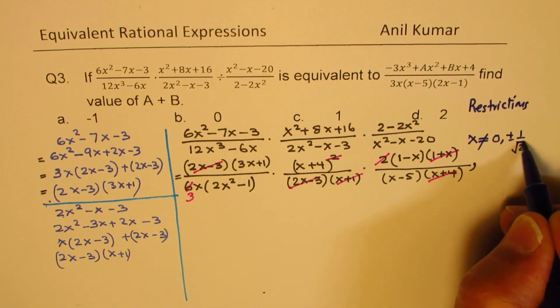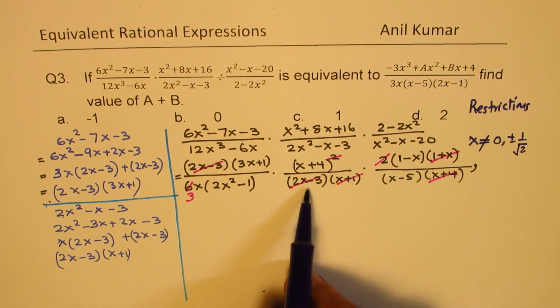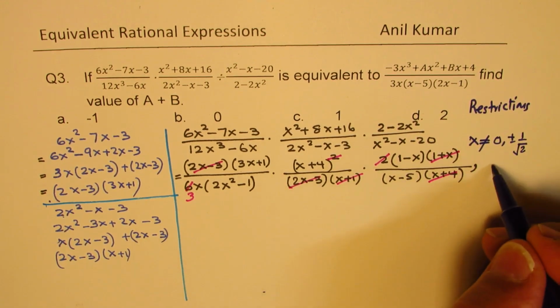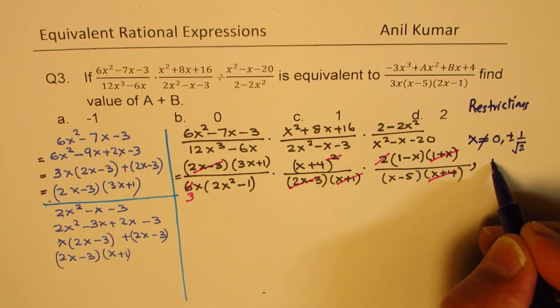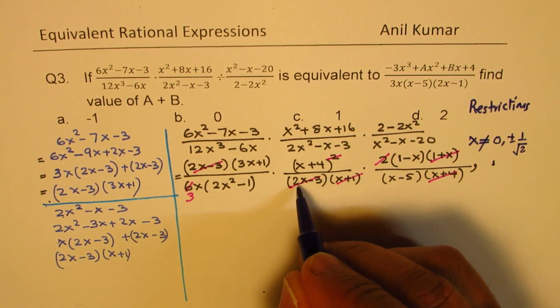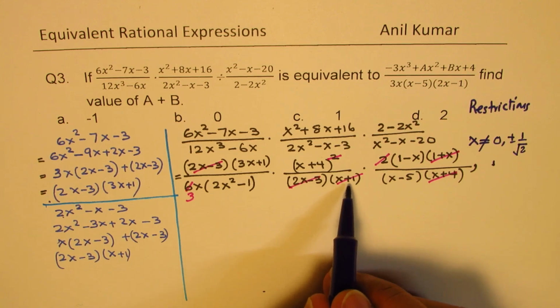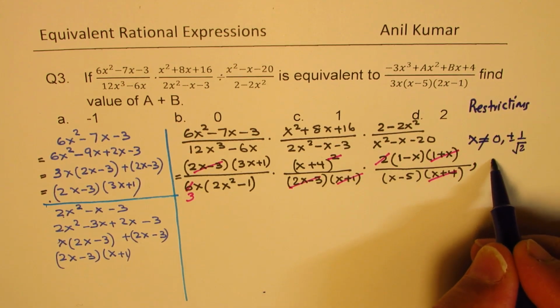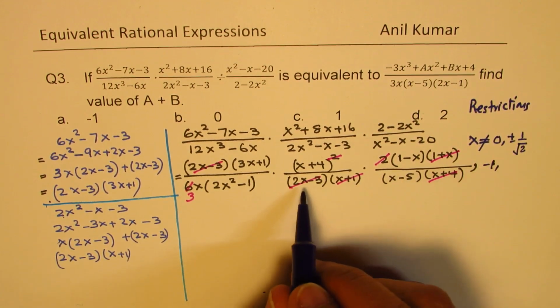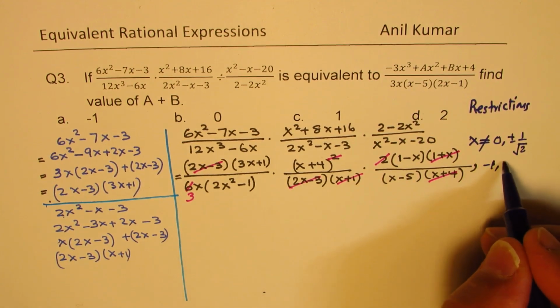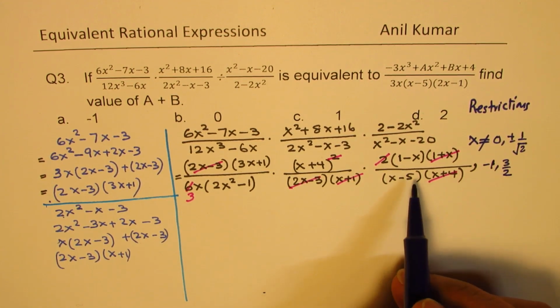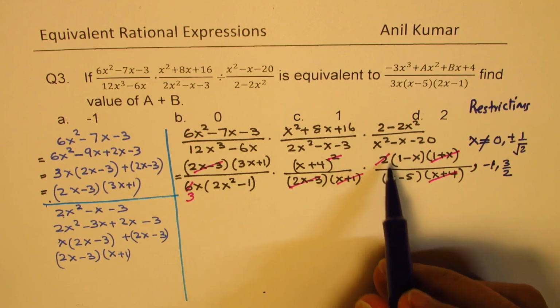Square root 2. Okay. Now in this case, the restrictions are x is not equal to 3 over 2, right? Let me write this first. Okay, we write plus 1. It cannot be minus 1. Let's do this. And then for here, it is 3 over 2. Now this factor was division earlier, so we flipped it.